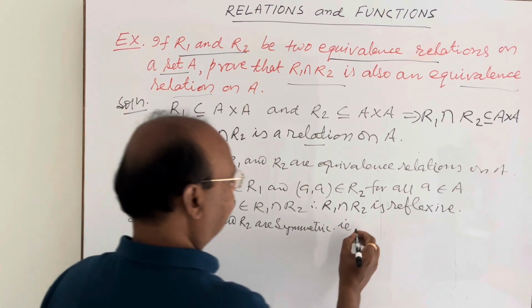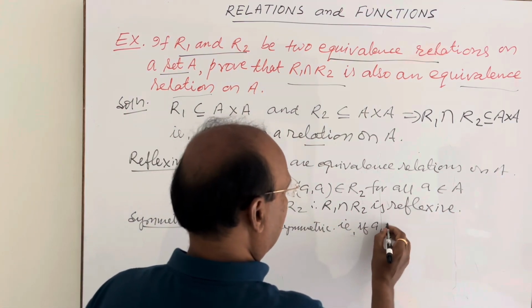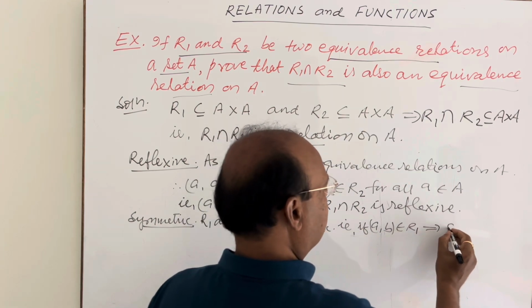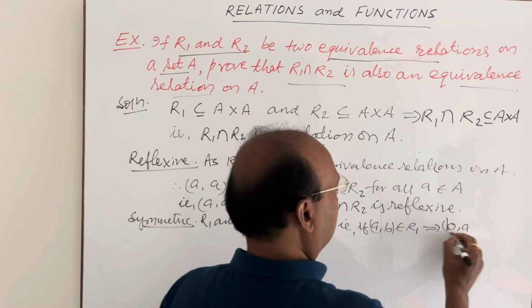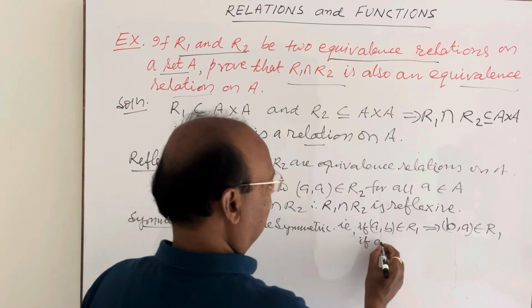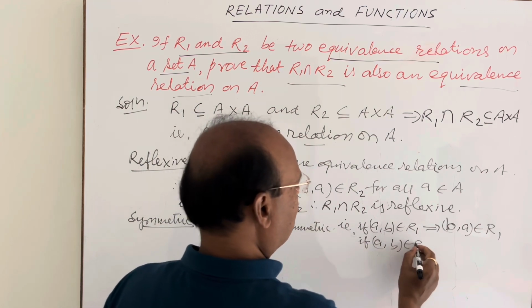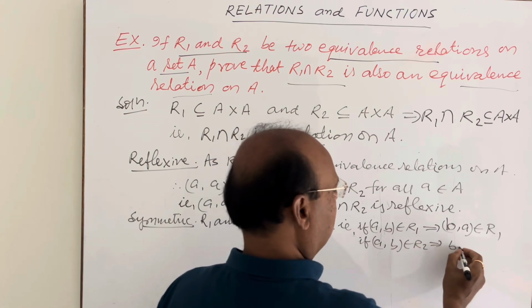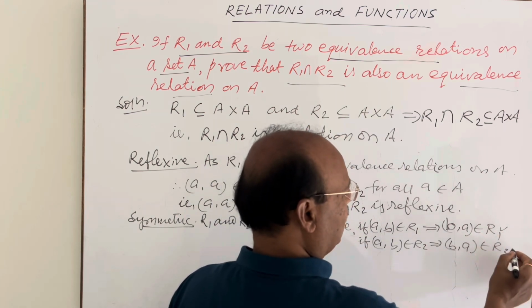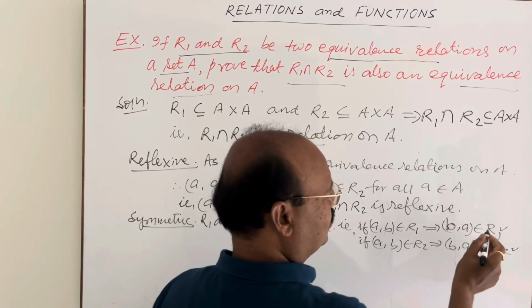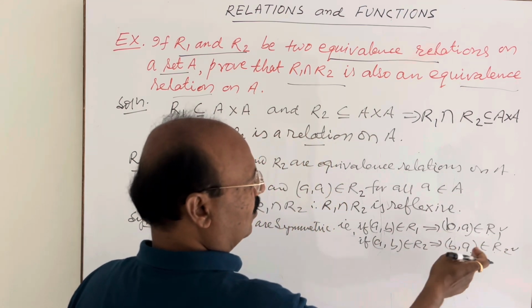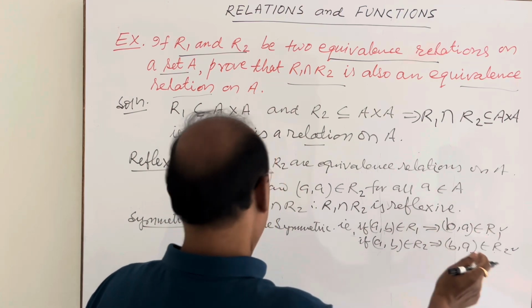It means if the ordered pair (a, b) belongs to R1, this implies that (b, a) also belongs to R1. Similarly, if (a, b) belongs to R2, this implies that (b, a) belongs to R2. So with the help of these two conditions, (b, a) belongs to relation R1 as well as relation R2. So clearly (b, a) will belong to the intersection of these two relations also.